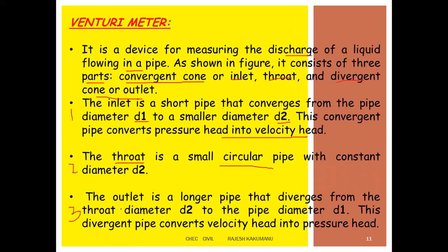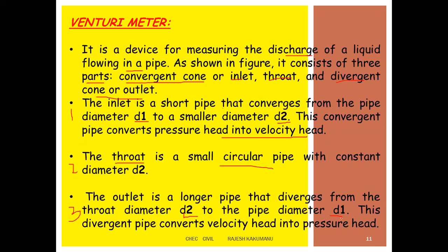Next, the outlet is a longer pipe that diverges from the throat of diameter D2 to the pipe diameter D1. What happens in this third component? Whatever the throat diameter D2 is, from there it is making a divergence, slowly increasing from D2 to D1 diameter.